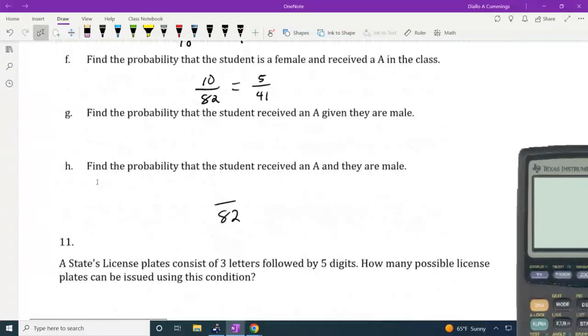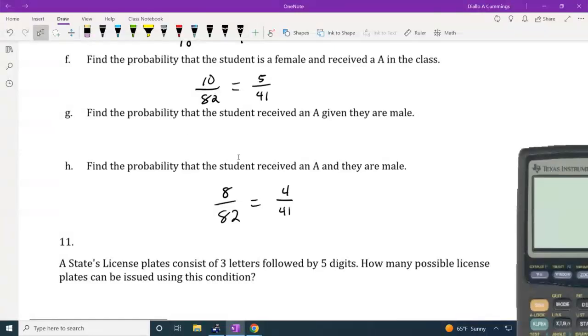Right. So that's 8 out of 82, which reduces down to 4 over 41. All right, any questions about the contingency table? Just be careful. Whenever you see the word given, don't use that row column total. Okay, you only want to restrict.